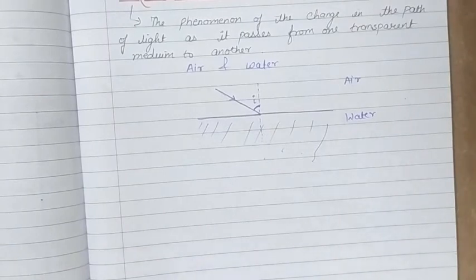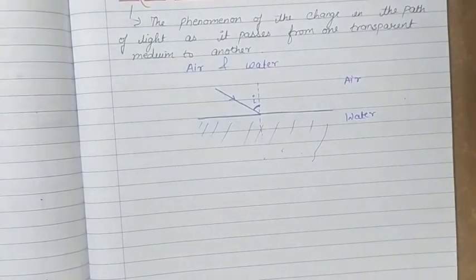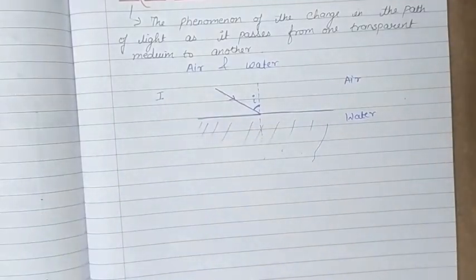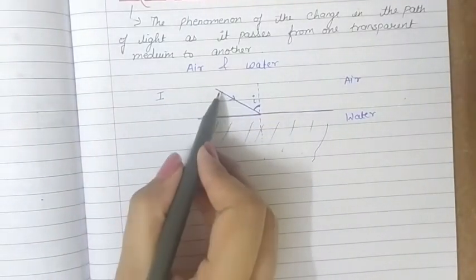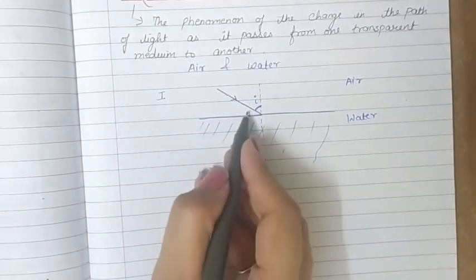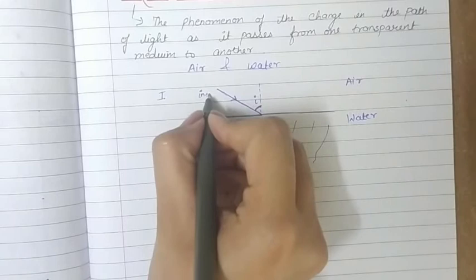So the path along which the light travels in the first medium, the medium from which light is coming, is called incident ray.